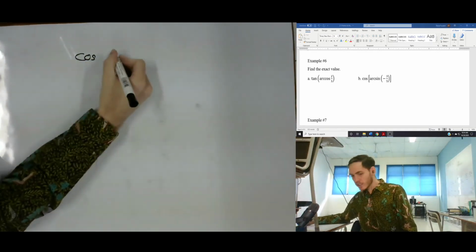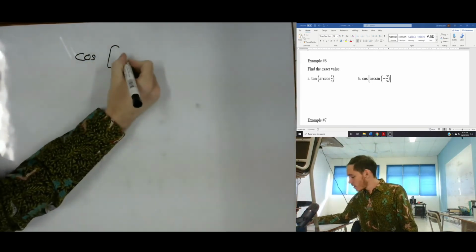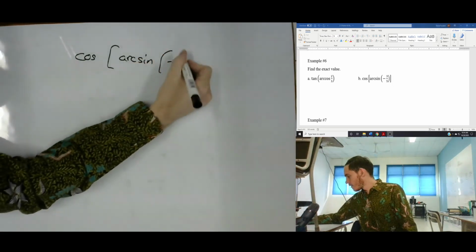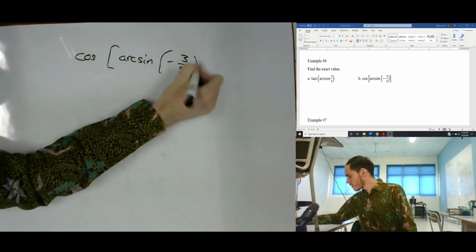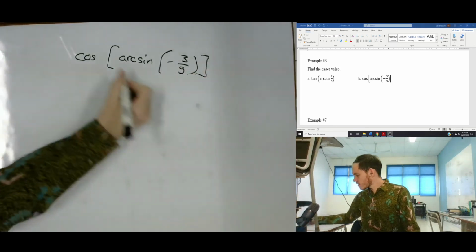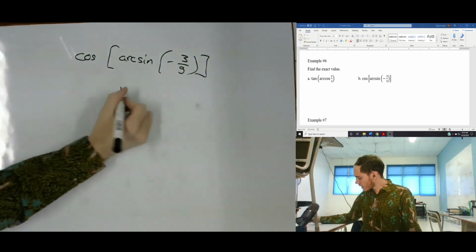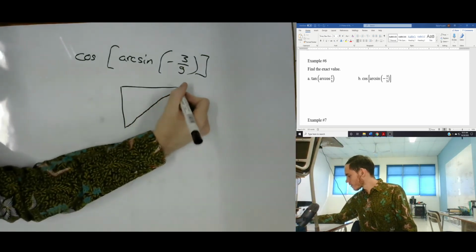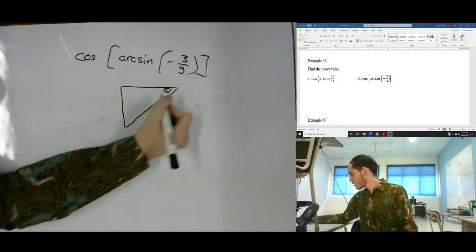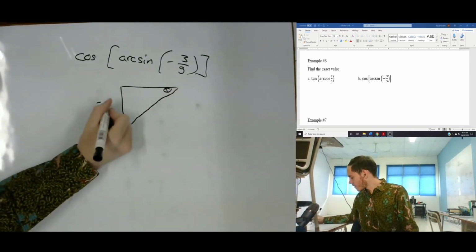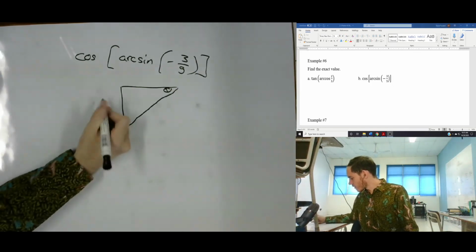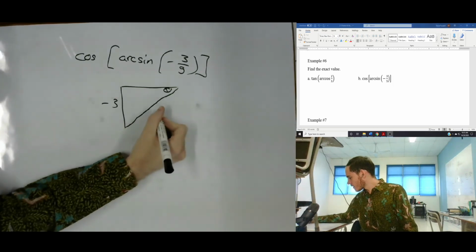Last one: cosine of arc sine of -3 over 5. I'm just going to draw it this way. This is theta. The opposite side is -3 and the hypotenuse is 5.